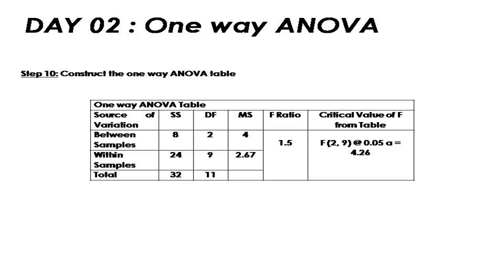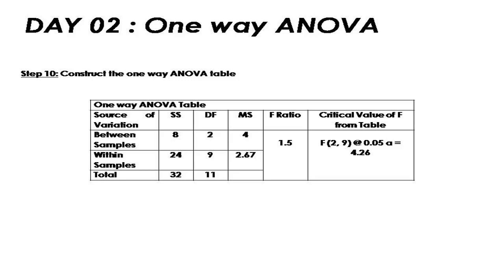Here there are 2 degrees of freedom which we have taken, that is 2 and 9, at the 0.05 level of significance. The table value of F will be equal to 4.26.